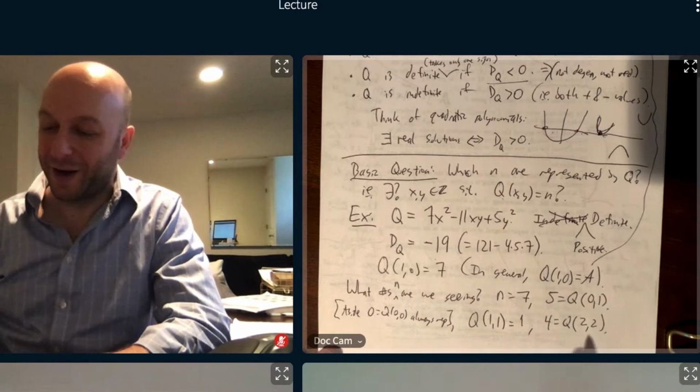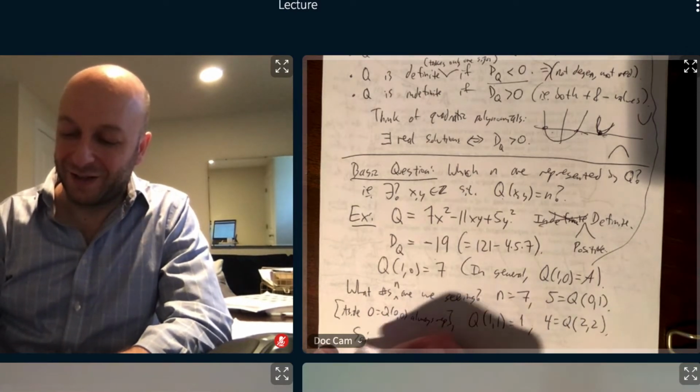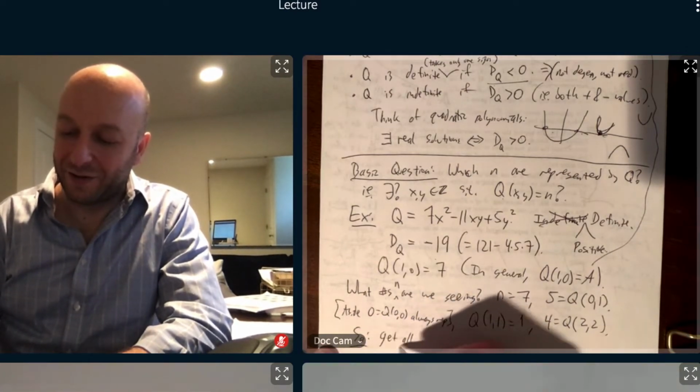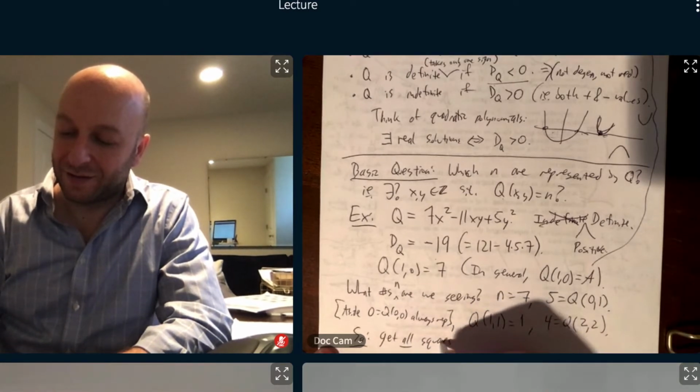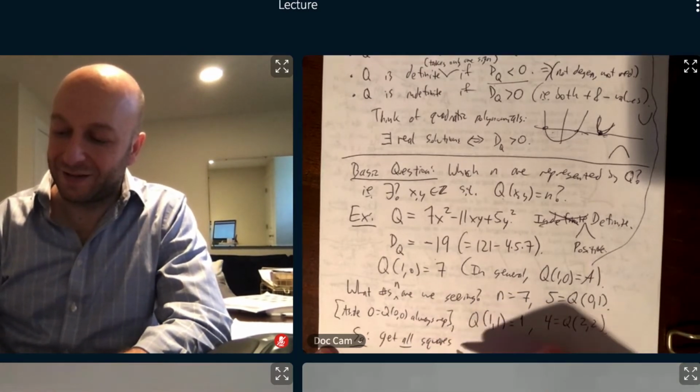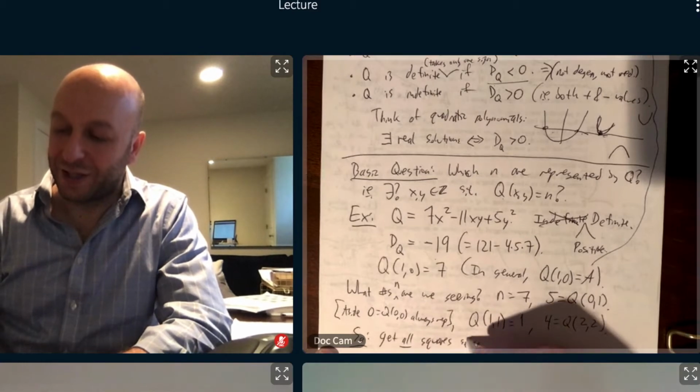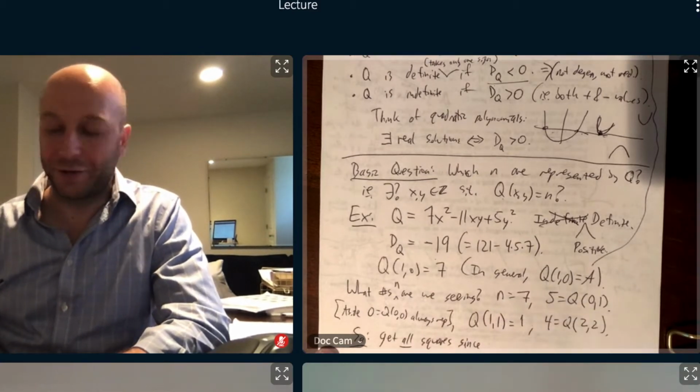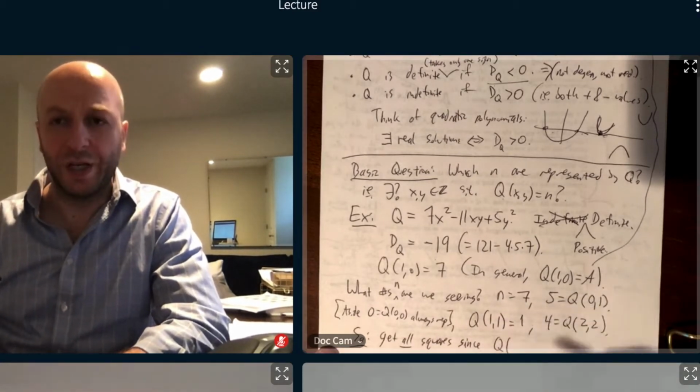Yes, we get squares. So we get all squares. Why? This is a general fact about quadratic forms. We talked about this already.